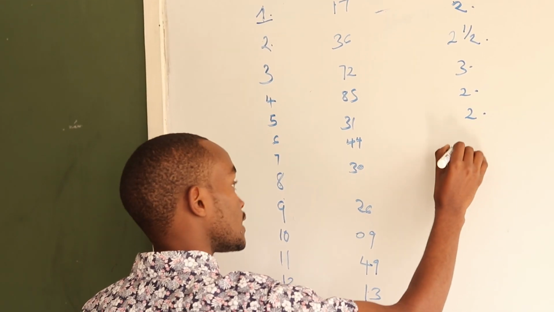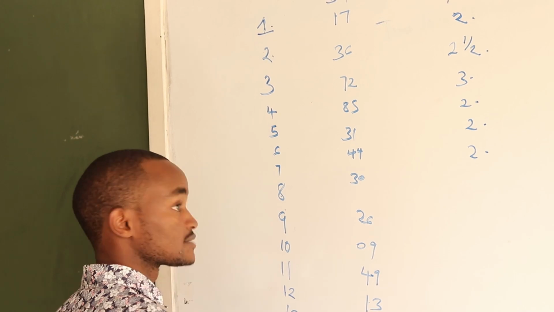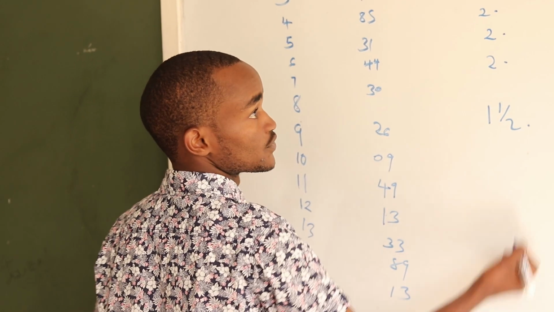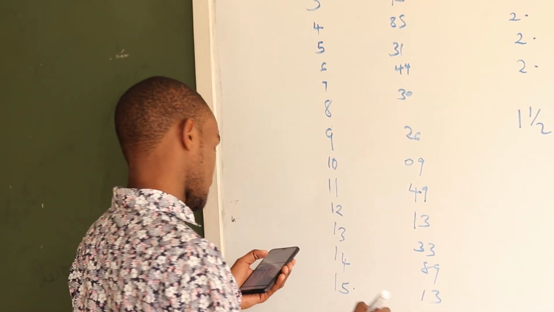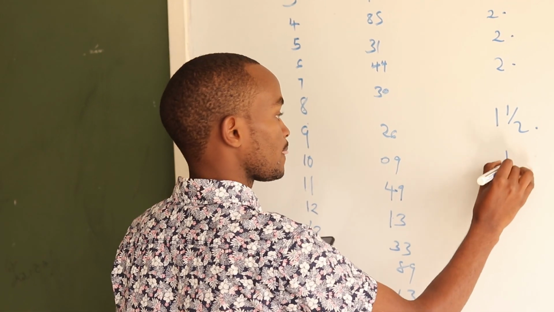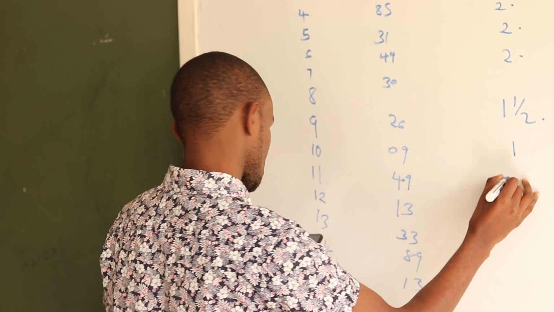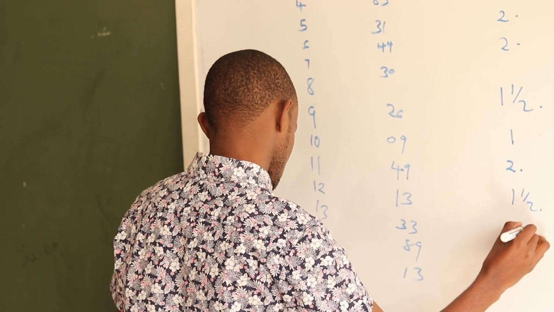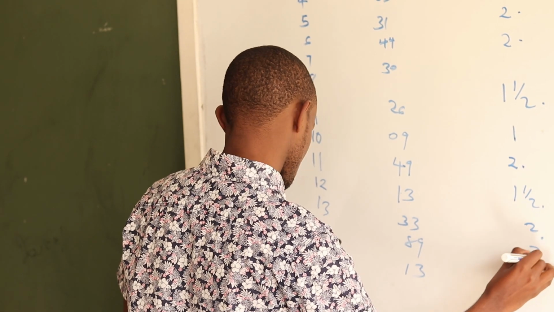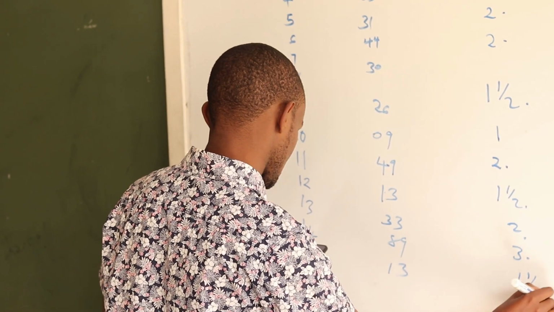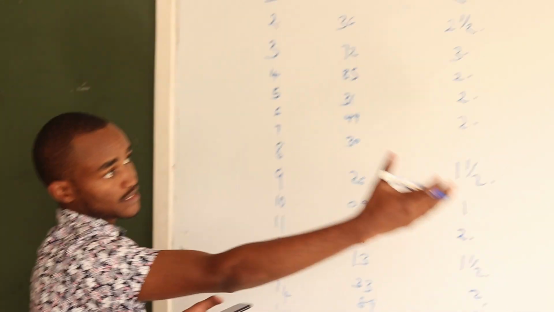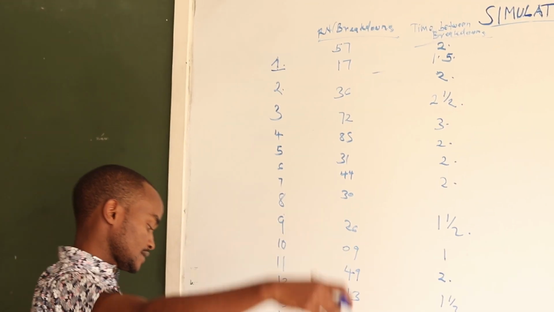And then 26 lies between 12 and 27, so that will be 1.5. 09 lies in the second one, so that will be 1. Then the following is 2, 1.5, 2, 3, and 1.5. So these are the times for breakdown that you have gotten from our random number ranges.